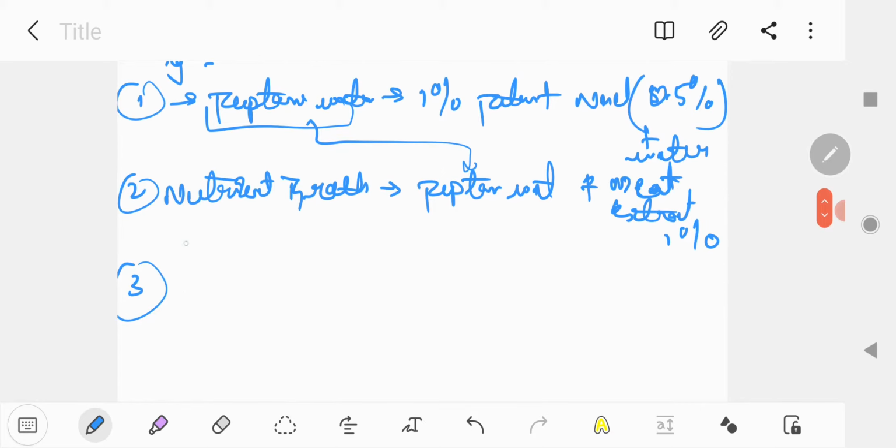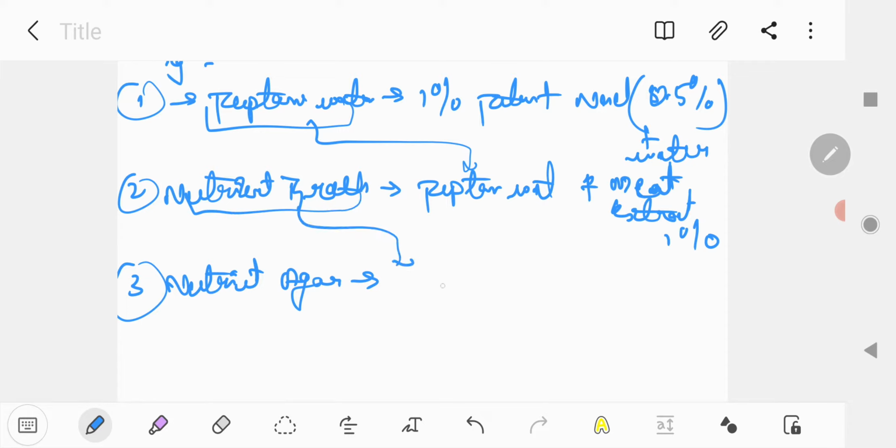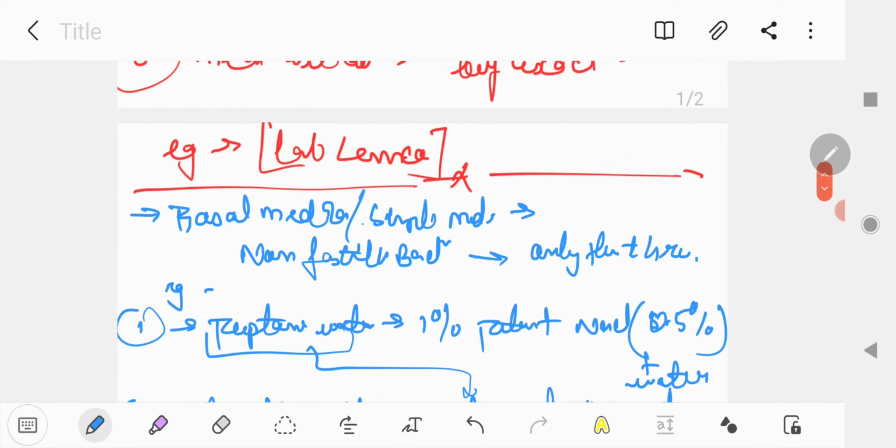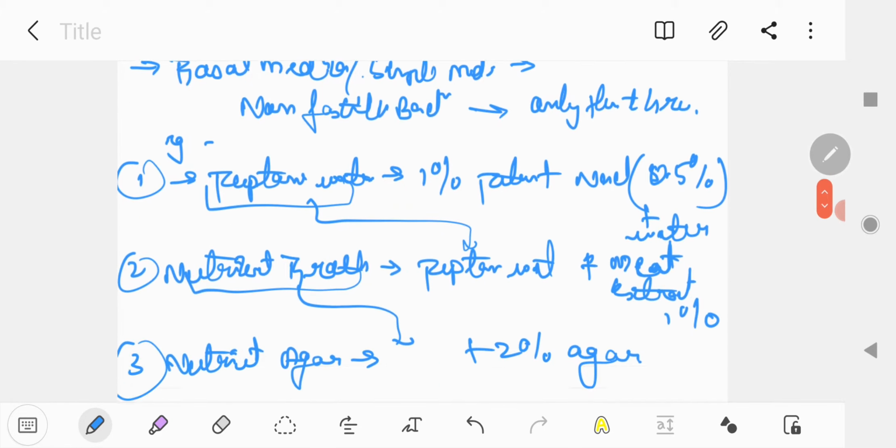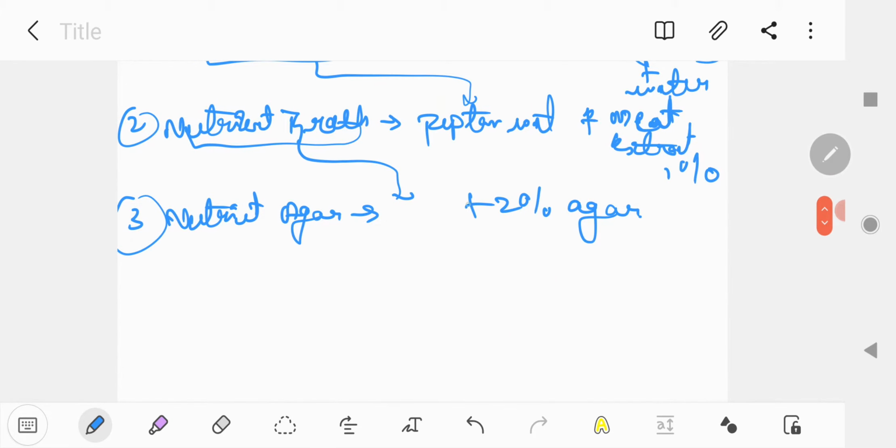Then in the third, which is nutrient agar, the important one, we have to take this nutrient broth along with 2% agar. This is agar. We have to take this along with nutrient broth. It will form nutrient agar.